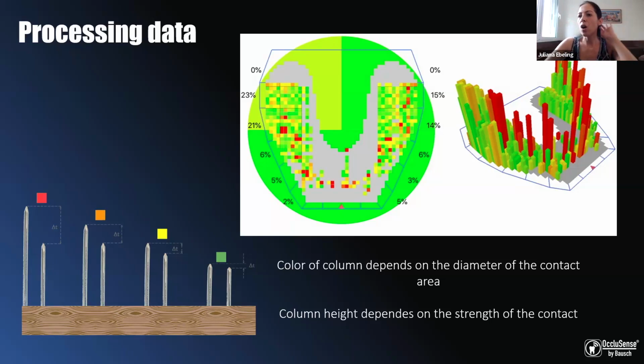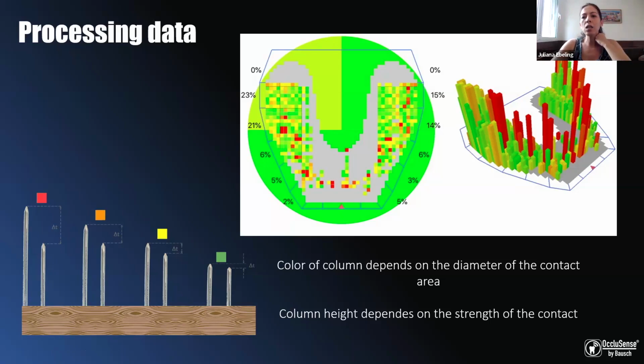After understanding the colors, which are very important, when we receive so much data, what do these smaller columns represent? Remember that I explained that when we use the sensor for the first time, we need to model this sensor to the occlusal anatomy of each patient.